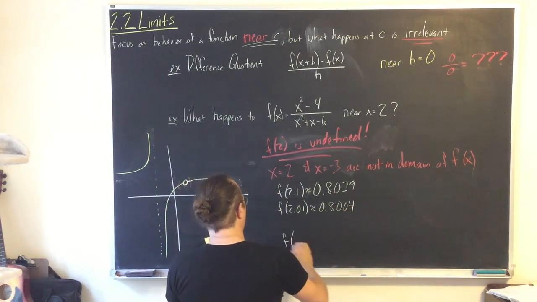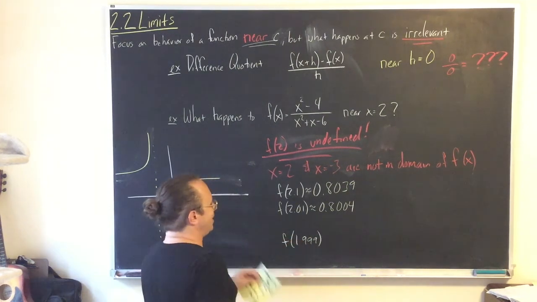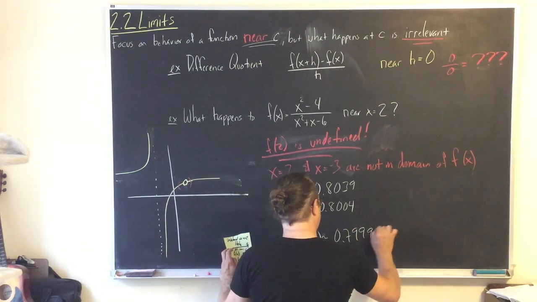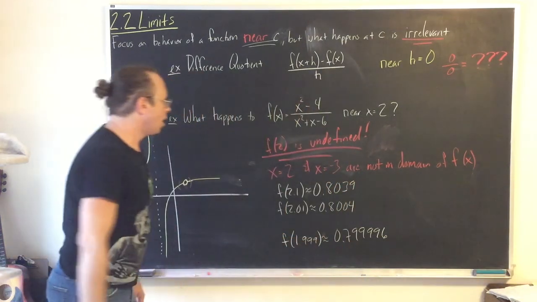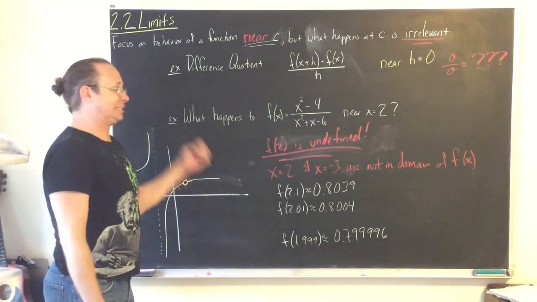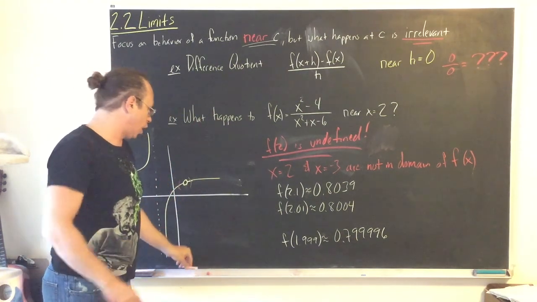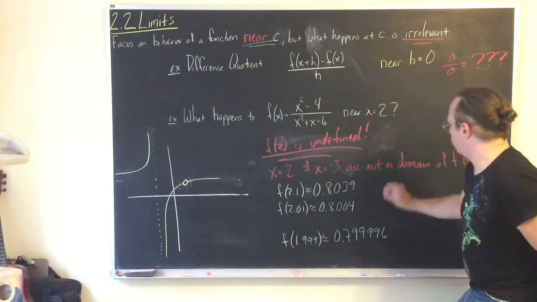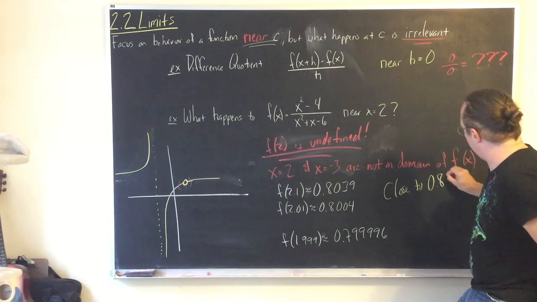I also tried something a little bit smaller than 2, 1.999, and my value there was 0.799996-ish. So it looks like this guy is getting close to 0.8.